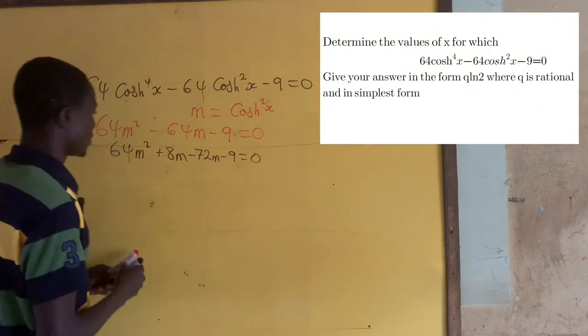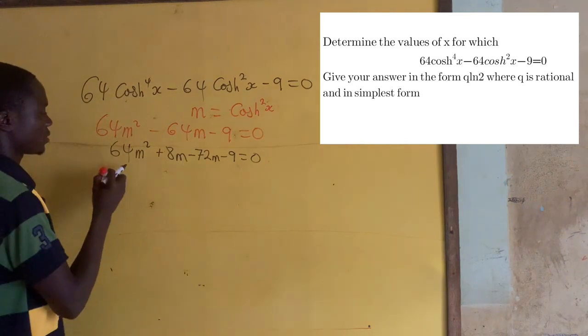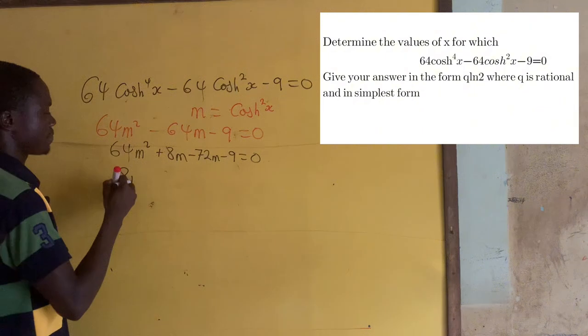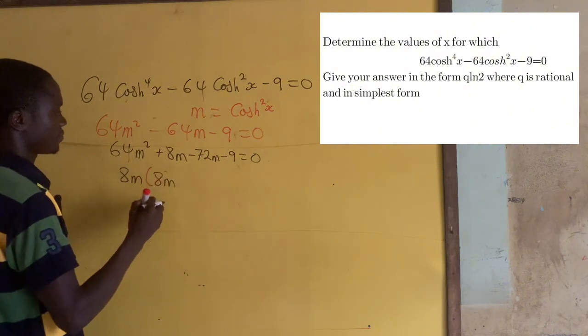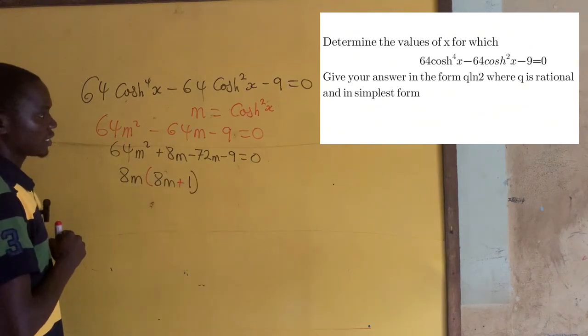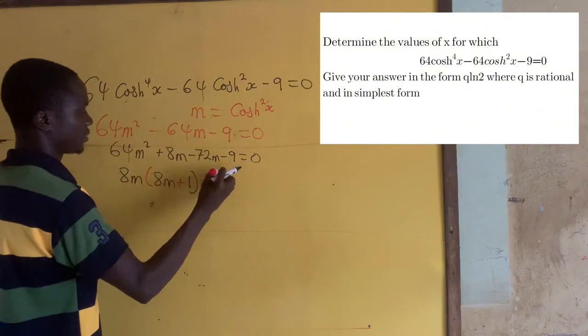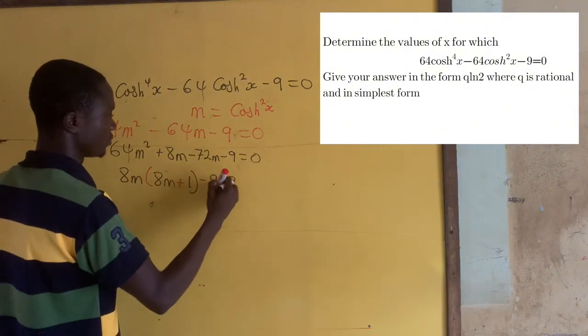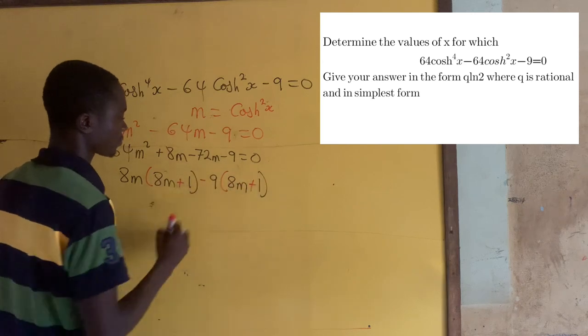So let's see. You're going to have 8m into 8m plus 1. Then this will be minus 9 into 8m plus 1.